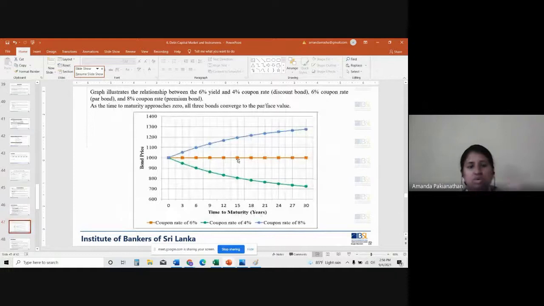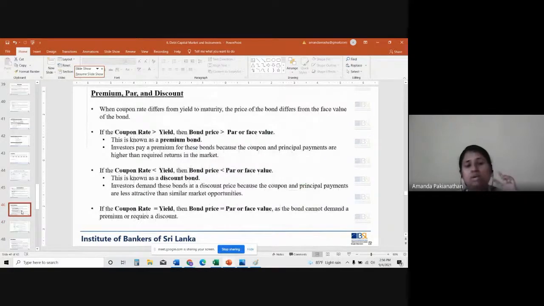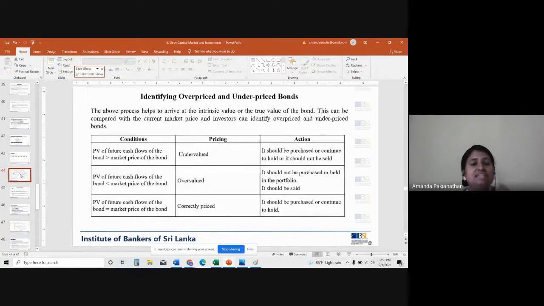There is a bit more to explain on premium, par and discount, but for now, understand what you need to compare. I'm telling you very clearly what I'm comparing because taking a decision on whether a bond is premium, par or discount is different from taking a decision on whether it's overpriced or underpriced.